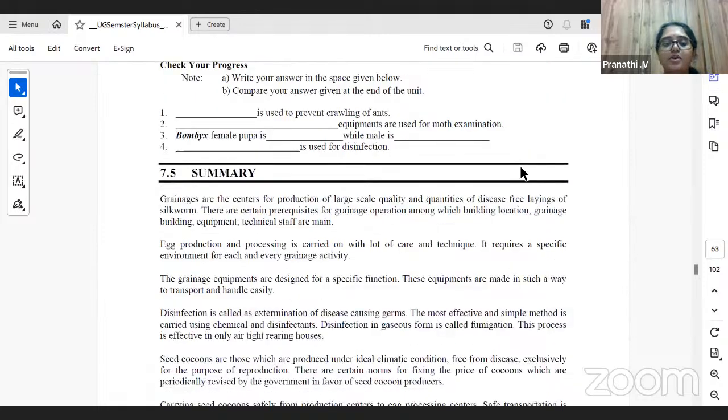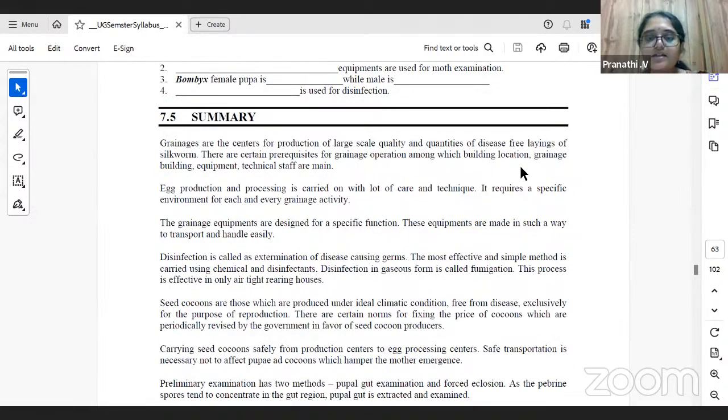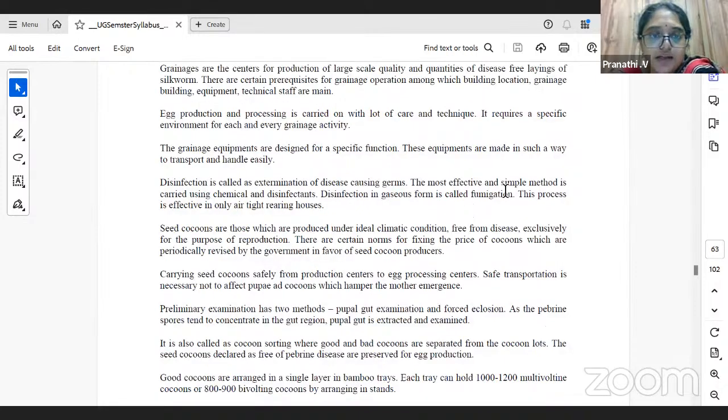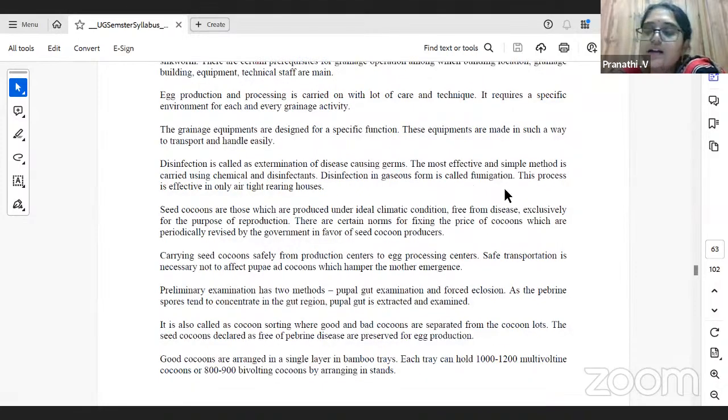So this is all about grainages. Basically, they are the centers for production of large scale, quality and quantity disease-free layings of the worms. Then you have different prerequisites: the building, location, equipment, and technical staff, all of which have to be maintained. The equipment has also been mentioned.